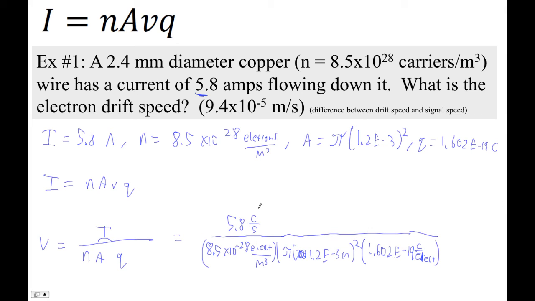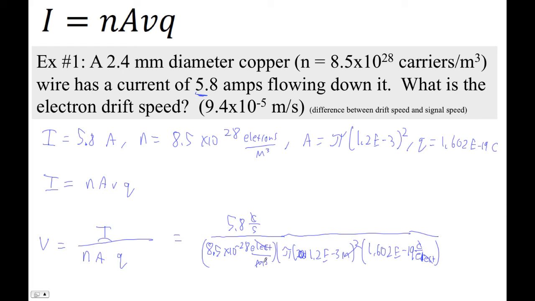All right, so let's see. Coulombs goes away. Meters squared gets rid of that, leaving one meter on the bottom of the bottom, so it's on the top. Electrons goes away, and you'll end up with meters per second.